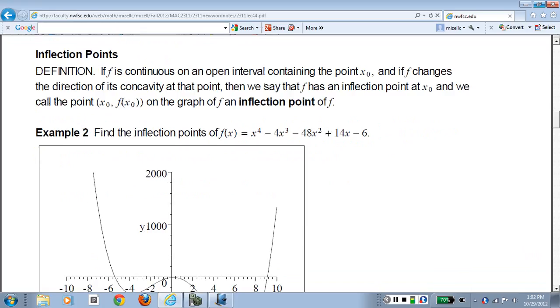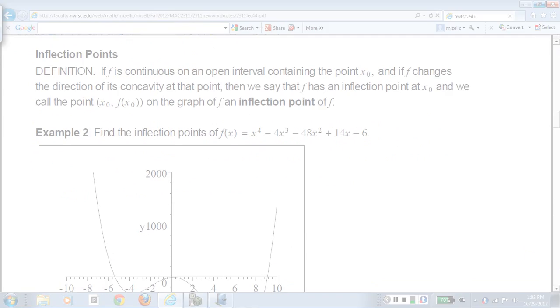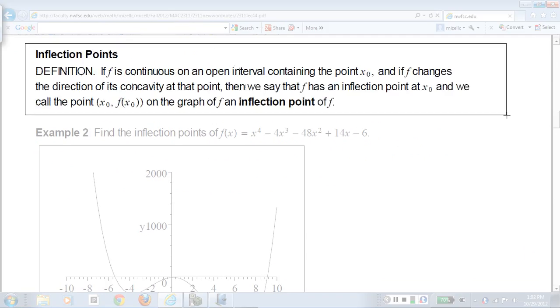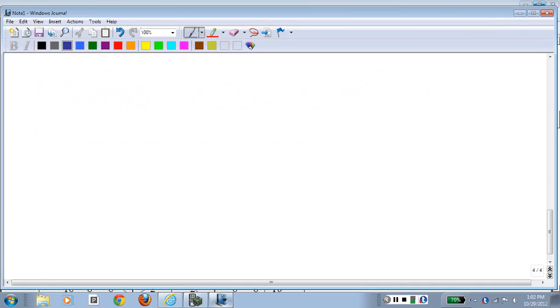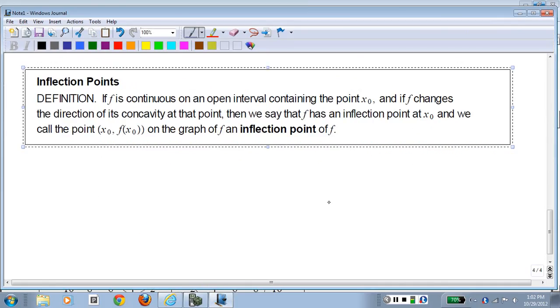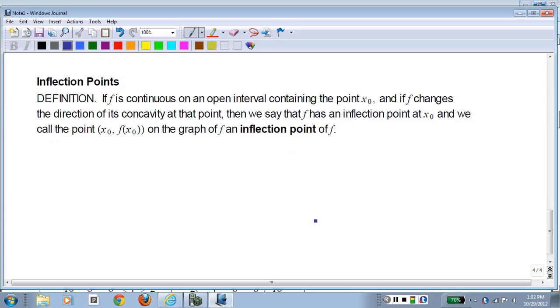There's our definition. If a function f is continuous on an open interval containing the number x sub 0, and if f changes the direction of its concavity at that point, then we say that f has an inflection point at x sub 0, and we call that particular point on the graph with that x coordinate an inflection point.